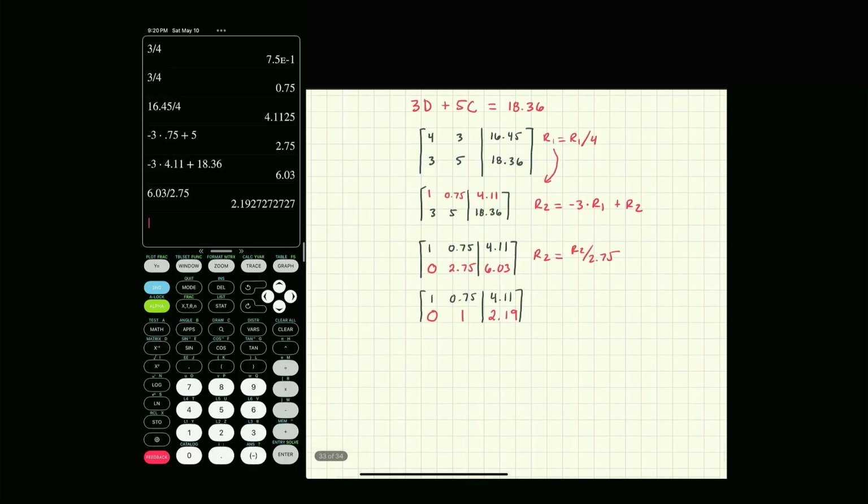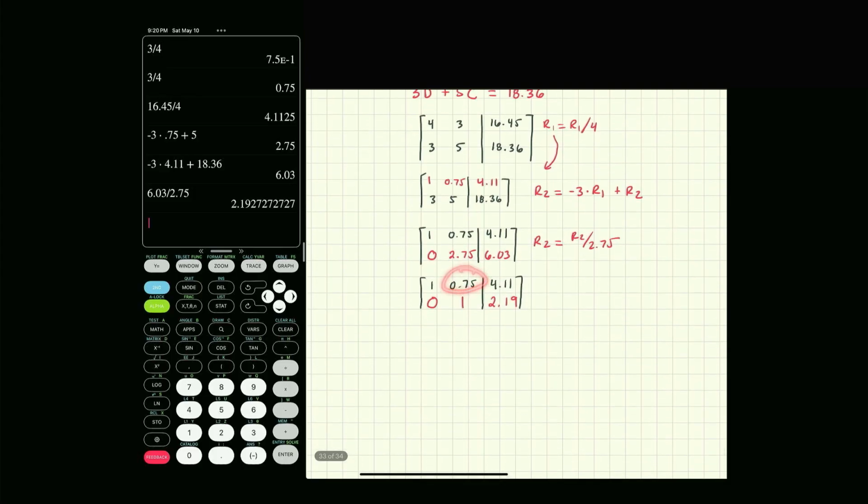Okay, almost done. We just need to get a 0 in this spot. So what can we multiply this 1 by that we can then add to this to get a 0? Well, we need a negative 0.75, right? So now row 1 is changing. We're going to change row 1 by multiplying row 2 by a negative 0.75, and then adding the result immediately to row 1. So row 1 is the only row that's changing here. We're just using row 2 to help change it.